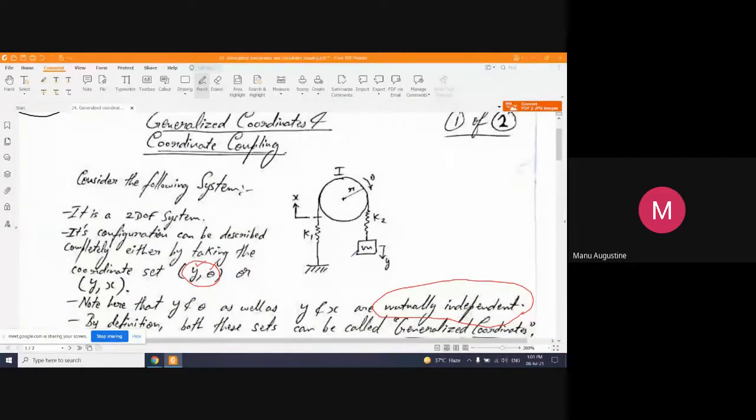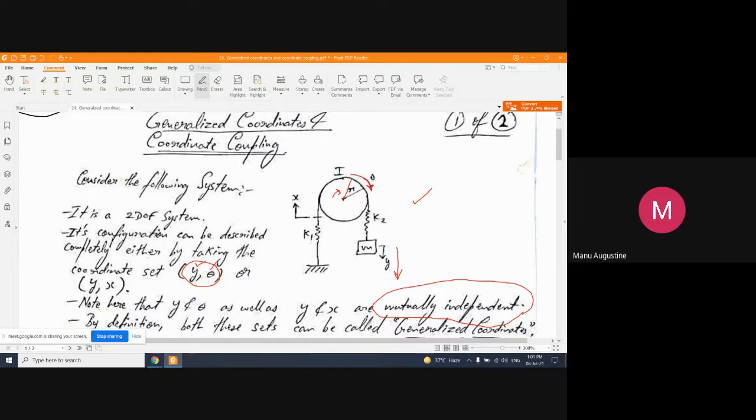We have just covered the grounds of this particular statement. So this statement says that if I give a displacement along the theta coordinate to this disk, let us say, will I automatically see a displacement y in the vertical direction? And for this particular system, the answer is yes.